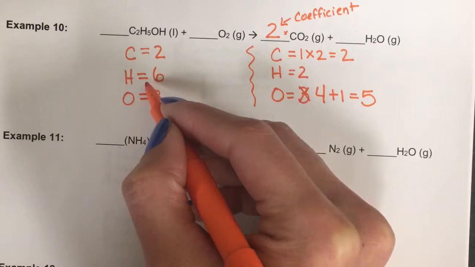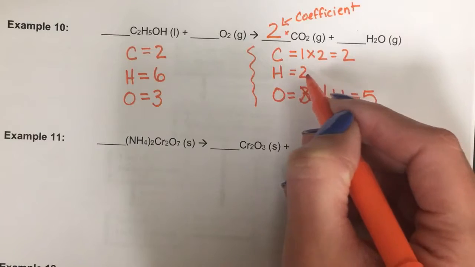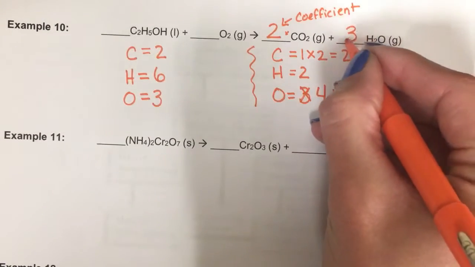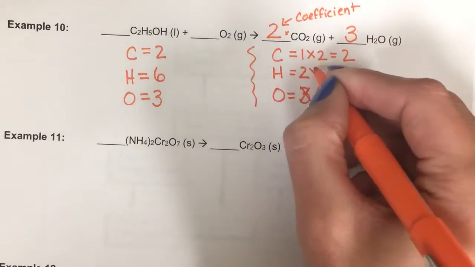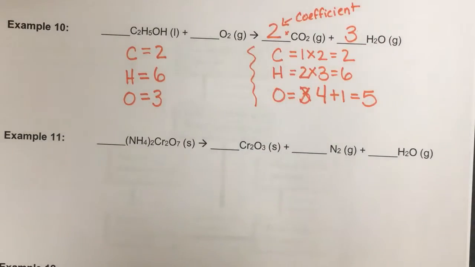I've got 6 H's here, 2 H's here. Well, I need to change this one. 2 times 3 equals 6. Well, that doesn't just change the H's, okay? It's going to change the O's as well.